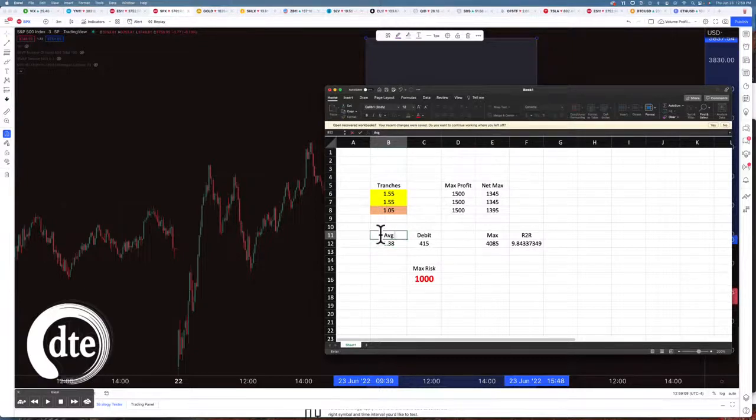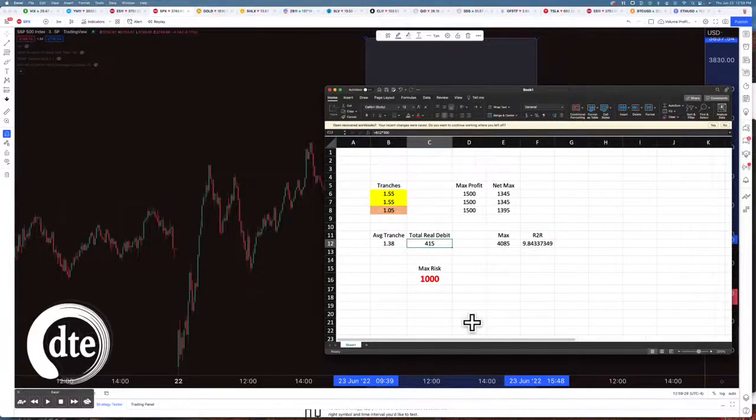Here's my total real debit. This is my theoretical maximum profit.